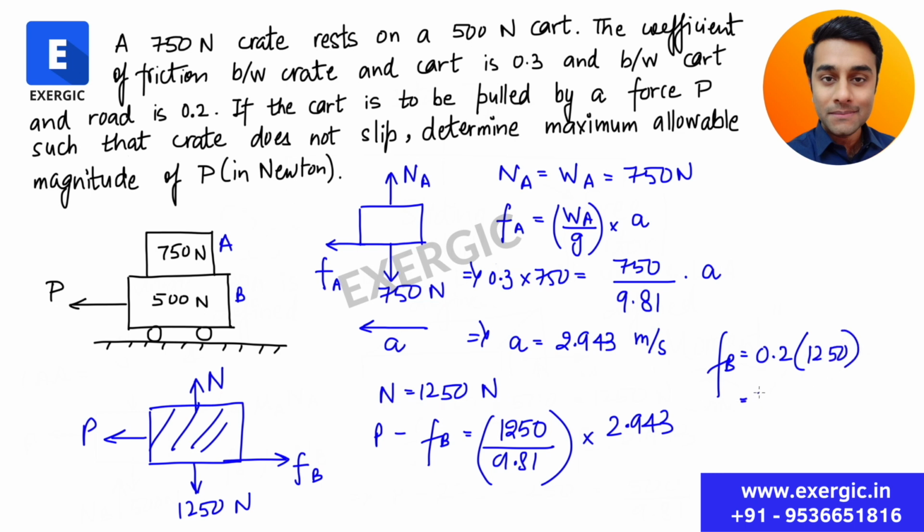And this will come out to be 250 Newton. So this is 250 Newton. You put the value, you solve it, you will get the value of P as 625 Newton, the same value of P as the previous value. Previous value means when we considered both the bodies separately, when we drew their free body diagrams separately.